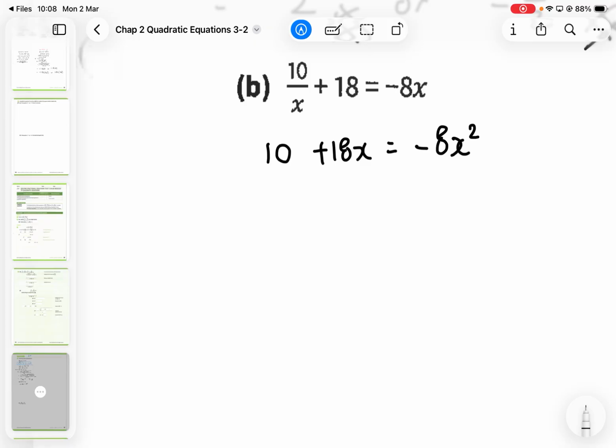Okay? Then apply your formula. Minus B plus minus square root of B squared minus 4AC over 2A.